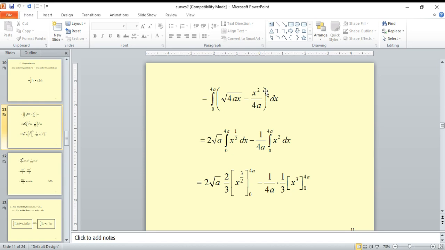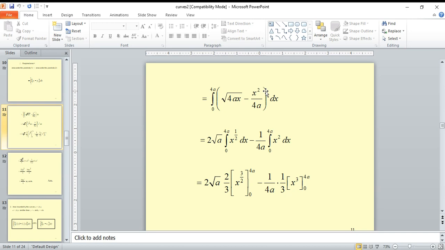Root 4x: root 4 is 2, root a is constant. Take out root 4, 2 into root a as constant outside, 2 root a into integration 0 to 4a, root x is x power 1 by 2 dx, minus 1 by 4a is common, 1 by 4a into integration 0 to 4a x square dx.